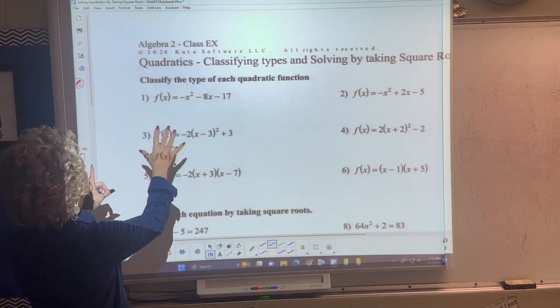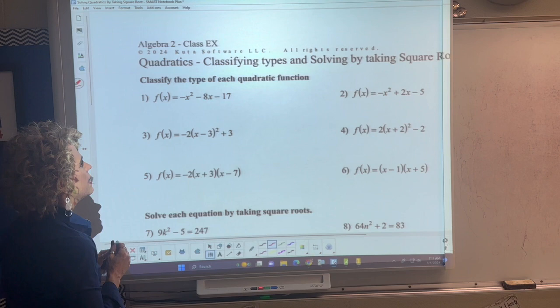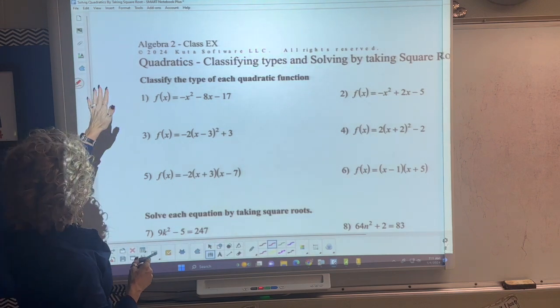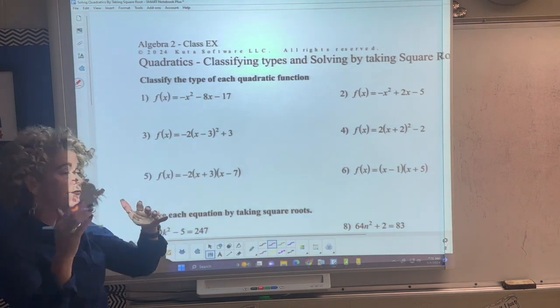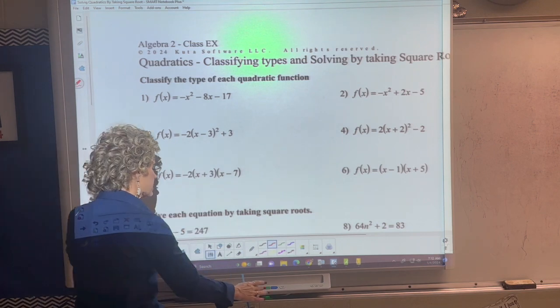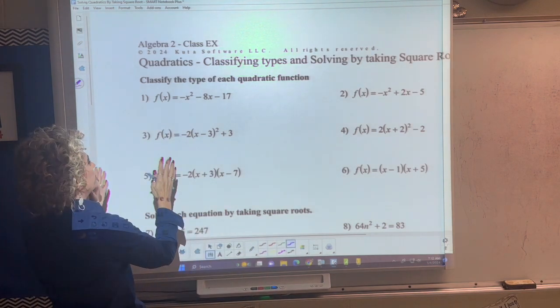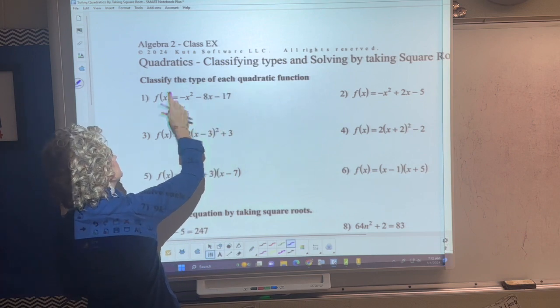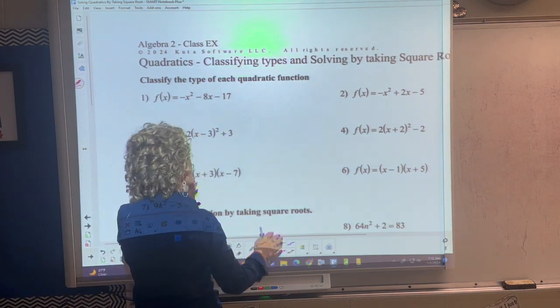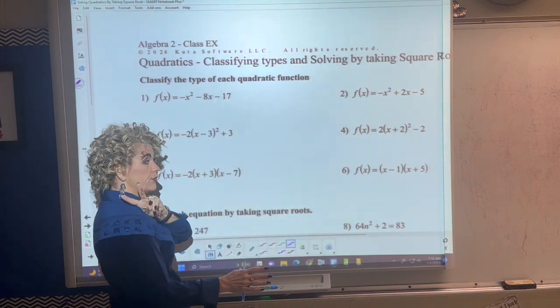This right here, here's some classifications. With this right here, we're going to look at 1 through 6, and we have different ones. And what I like about these, okay, is first of all, this is expanded. Nothing has to be multiplied together. So this right here, we're going to use both terms.